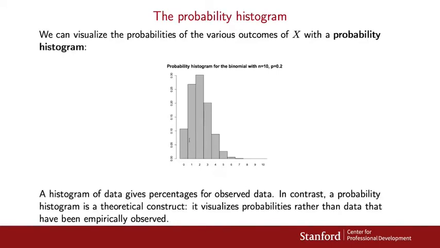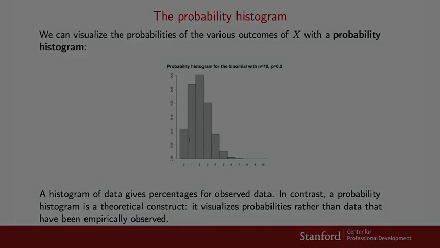Now remember, we talked about histograms before. In that case, we talked about histograms for data. And histograms of data give percentages for observed data. But keep in mind that the probability histogram has nothing to do with observed data. It's purely a theoretical construct. It shows probabilities, not data that have been actually observed.